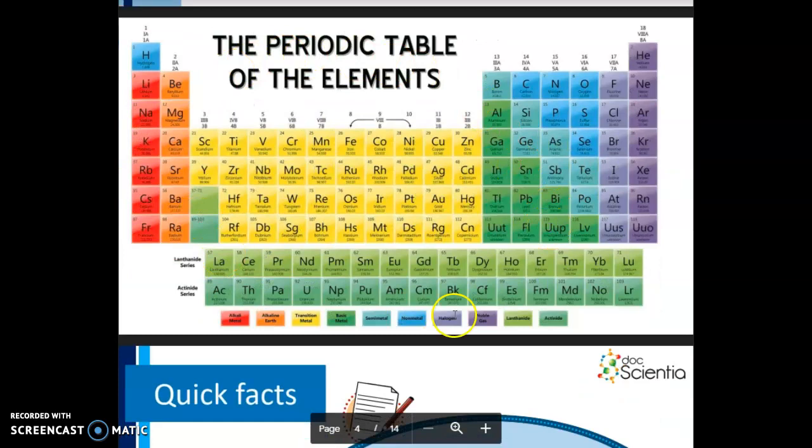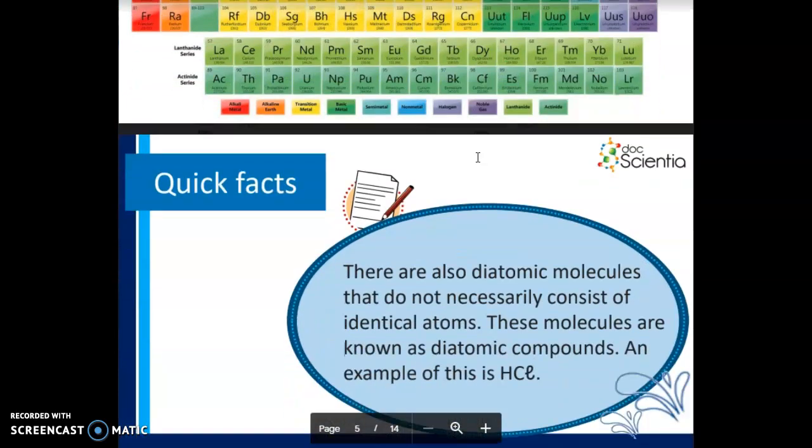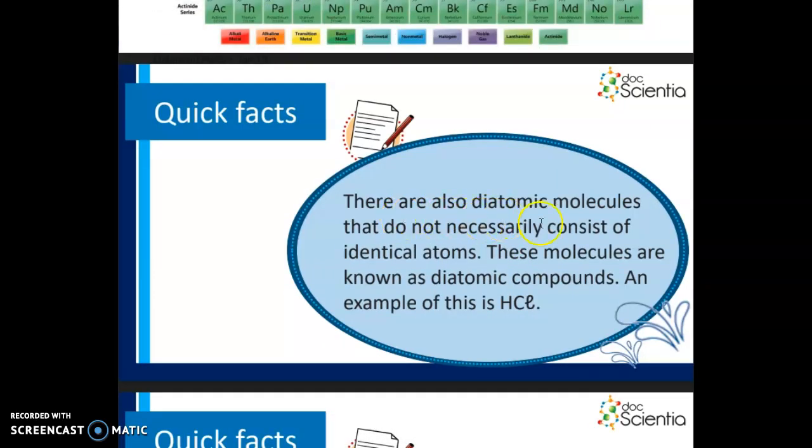We will do the periodic table a little bit later. There are also diatomic molecules that do not necessarily consist of identical atoms. These molecules are known as diatomic compounds, and an example of this is hydrogen chloride.